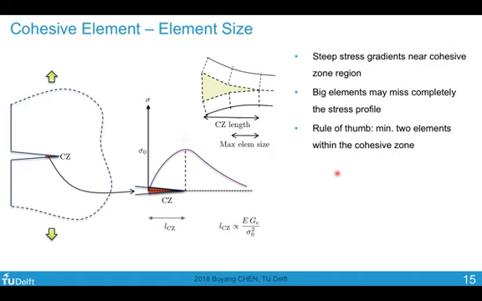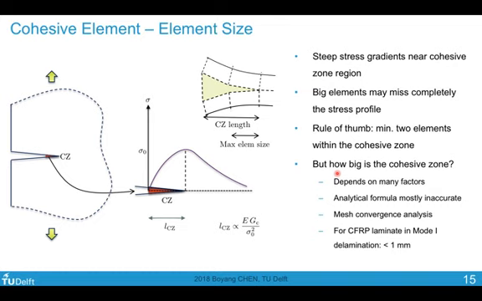The rule of thumb is to always have a minimum of 2 elements within the cohesive zone. But the natural question is how to estimate the cohesive zone. Unfortunately, most of the analytical formulas do not work well in predicting the cohesive zone, and many times we rely on mesh convergence analysis. It depends on many factors, not only these material properties, but also the geometrical properties of your structure.